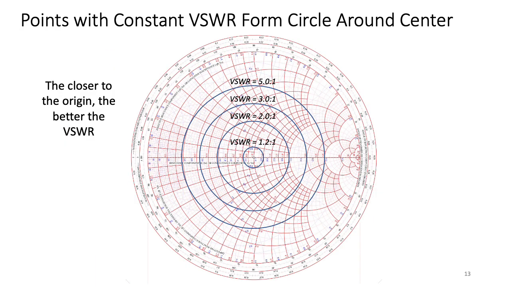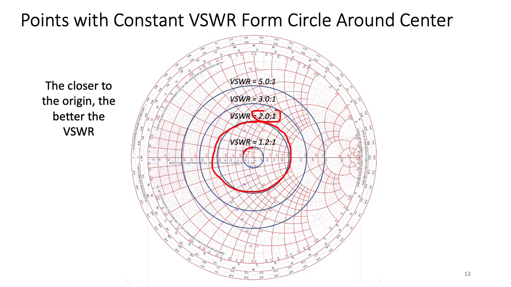One interesting consequence of the nonlinear mapping that occurs between impedance and the reflection coefficient gamma is that for a fixed voltage standing wave ratio, I end up with a circle that appears in the Smith chart. So every single impedance that lies along this circle, for example, has a standing wave ratio of 2:1.